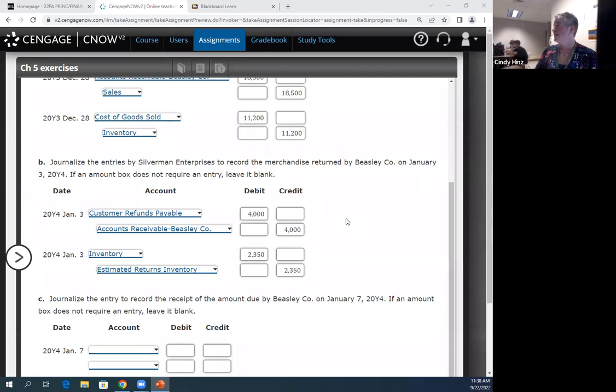And now that Beasley did return some stuff, that reduces our future liability to other companies. Okay, we didn't know Beasley was going to return inventory. When we set up that liability, we didn't know who was going to return their purchase, but we had a good idea that some of our customers might do that.